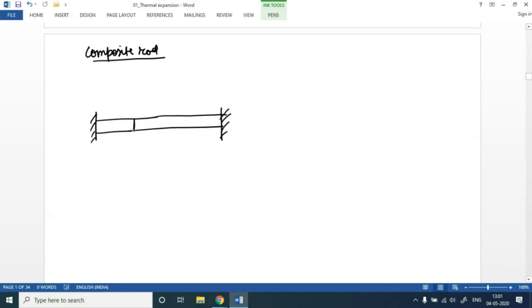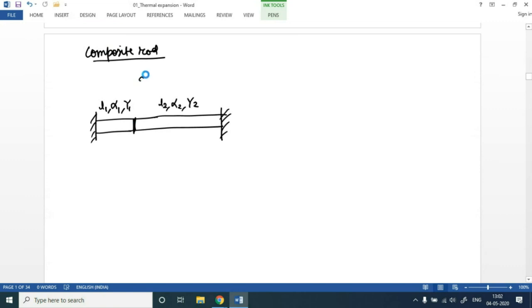Composite rod means two rods of different materials but having the same cross sectional area are joined together like this. Okay, and let's say the parameters are its length is L1, coefficient of linear expansion is alpha 1 and Young's modulus is Y1, and similarly for this L2, alpha 2 and Y2 over here, and this is the junction between them.